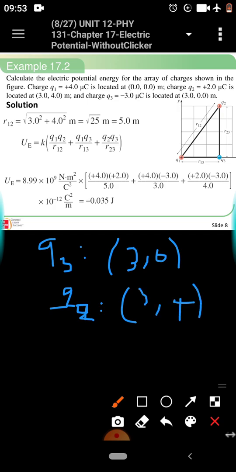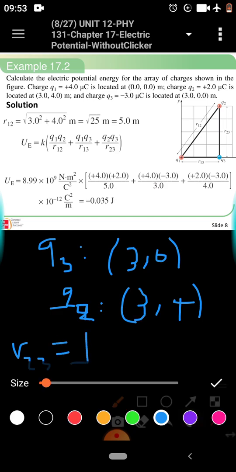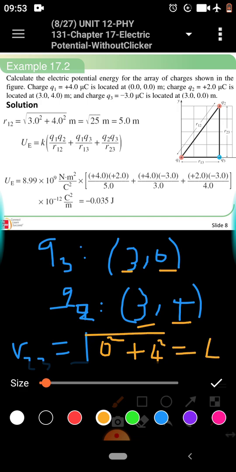So when we want r23, we find the square root of this minus this squared, which is 0 squared, plus this minus this, which will give us 4 squared. So it gives us 4, and we have that r23 is 4.